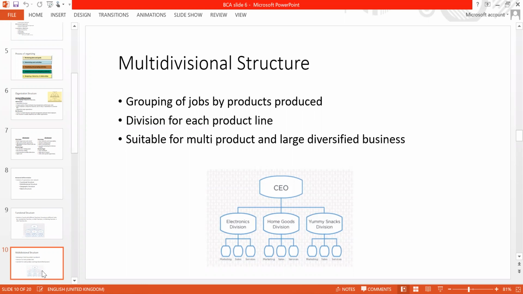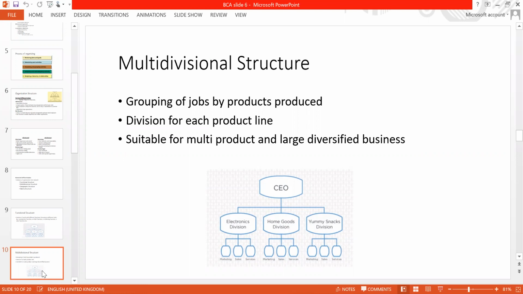And for each of that product line, you will again have different functions. So here, the marketing function will take care of marketing of electronics division only. If you look at the left side, you have the sales team, which will look after only the electronics. Similarly, you have the services people who will look after only electronics.